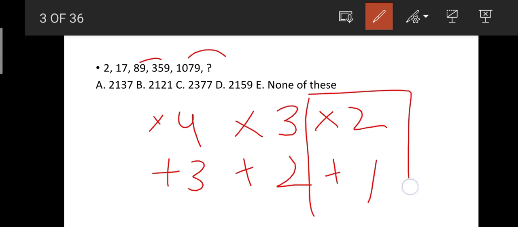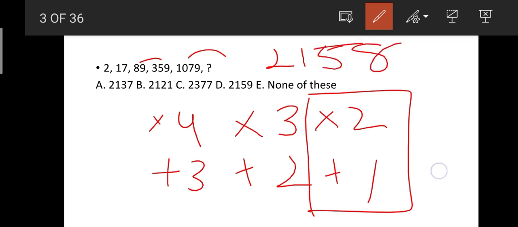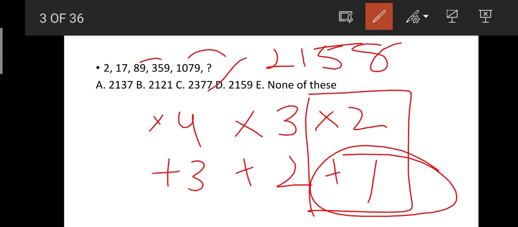If we multiply 1079 with 2, then it is 2158. And then if we add 1, then our answer will become 2159. That is option D.